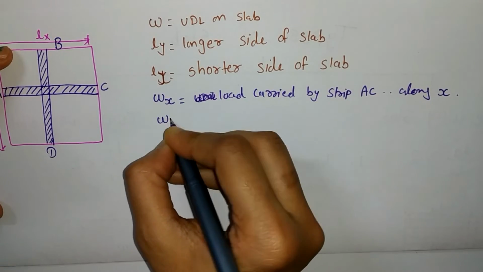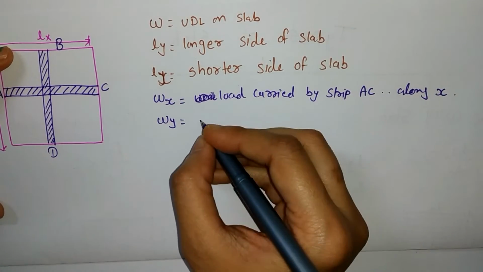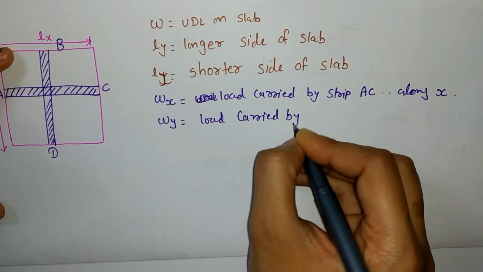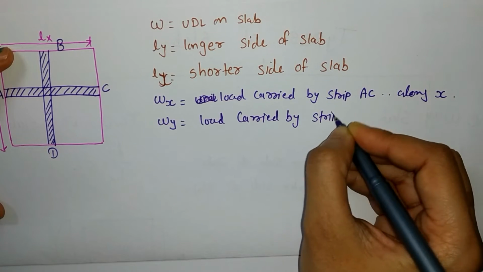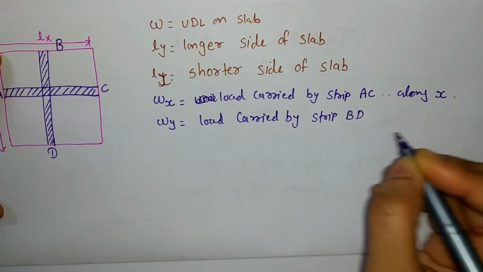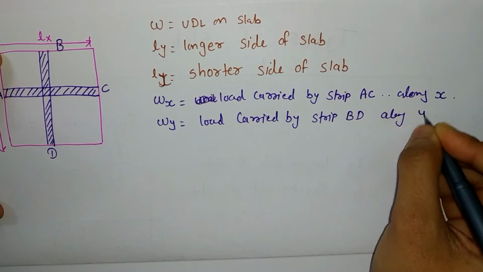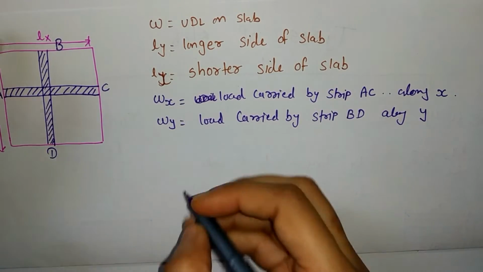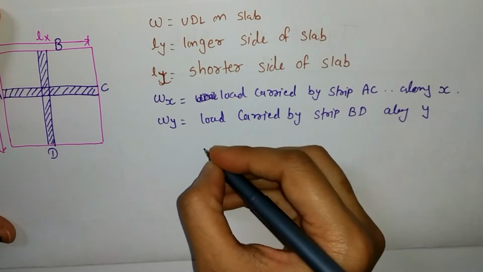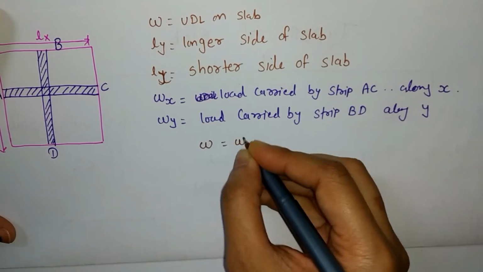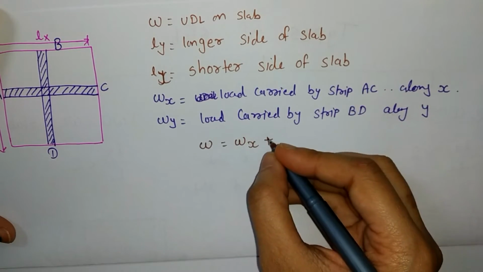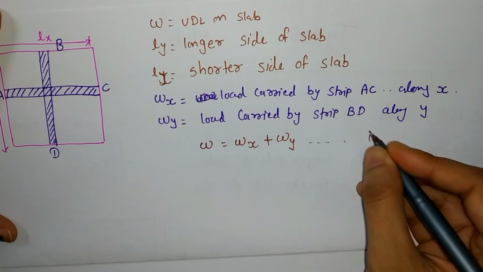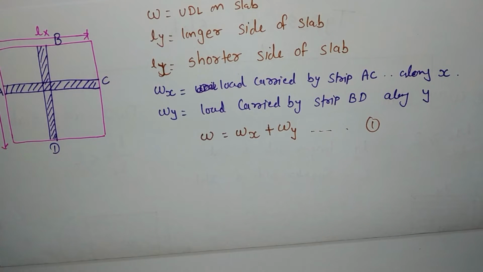Okay, and Wy will be the load carried by strip BD, as in along the Y direction. Now as per this, we can assume our total load W will be Wx, as in the X direction, plus Wy. Okay, let me give the number to this formula: 1.